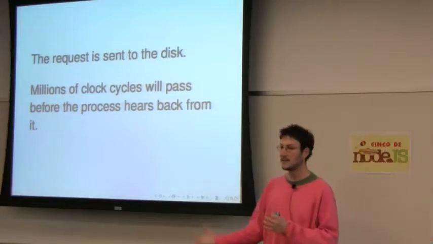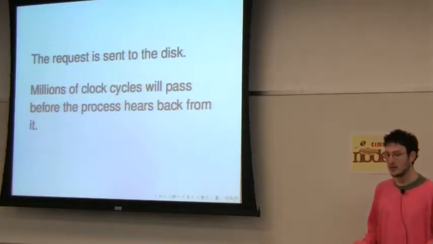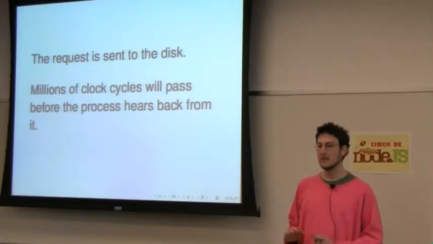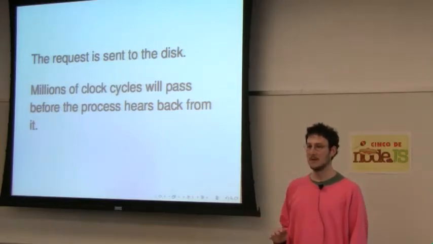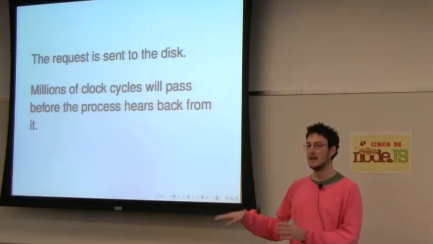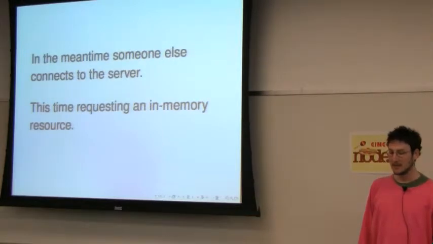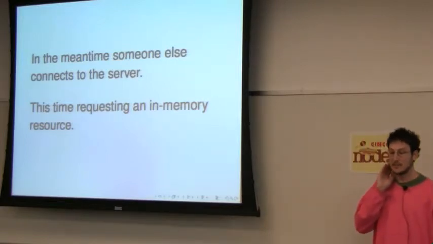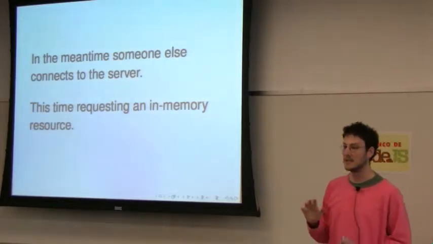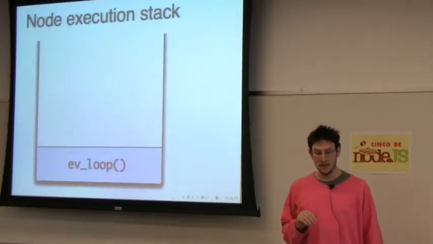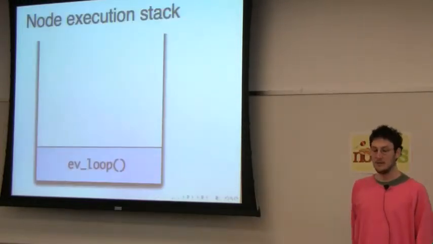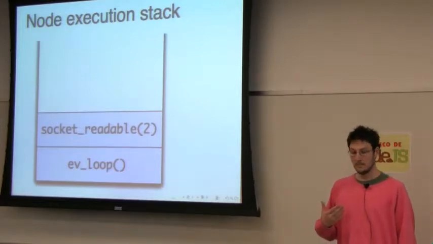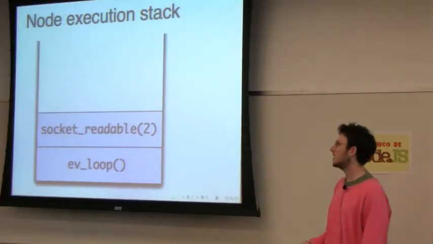Okay, so the request is sent to the disk. We sit idle. Millions of clock cycles in the future, we will hear back from this thread, but that is way, way, way in the future. In the meantime, somebody else connects to our server, and this time they're just requesting something simple, something that we have in memory. And so we're sitting at our event loop, and we get a call that says socket number 2 is readable.